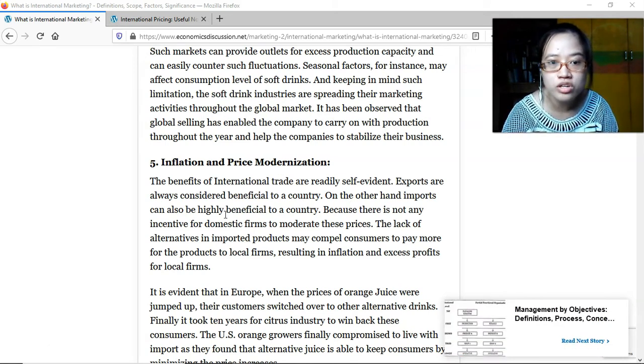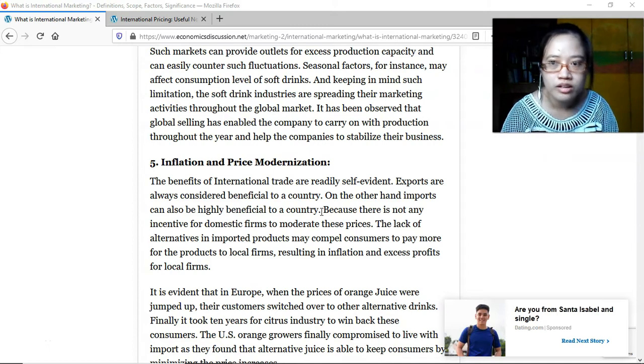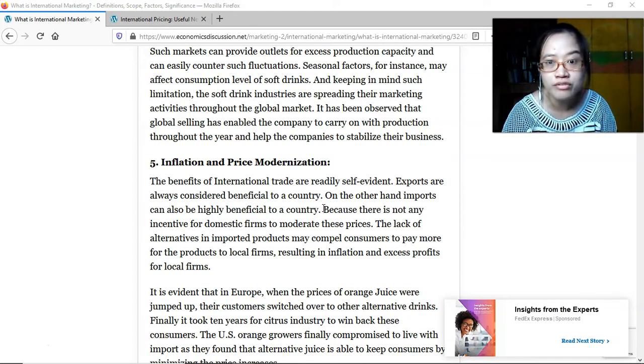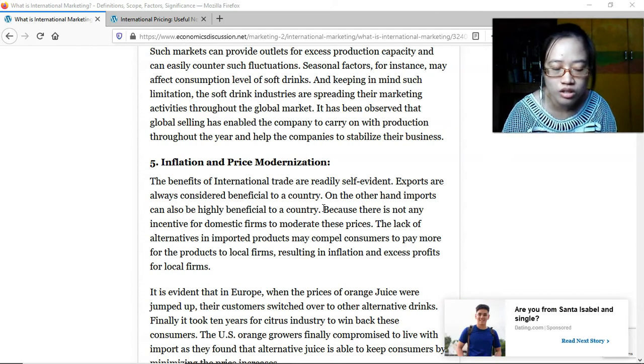On the other hand, imports can also be highly beneficial to a country, but they should be properly controlled and supervised, just like how our country has imported pork products because of the shortage in supply, as they say, because of the ASF. Also, there are concerns about the effect of rice importation on the local price of rice and how our farmers are suffering because of it, so it should be closely monitored, right?